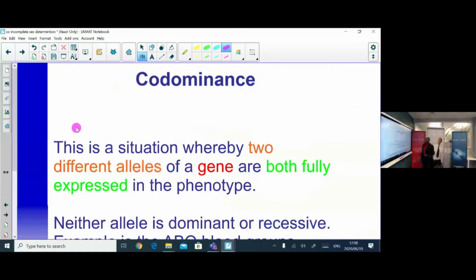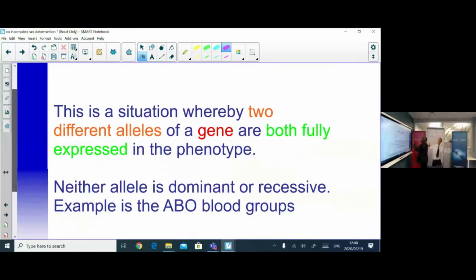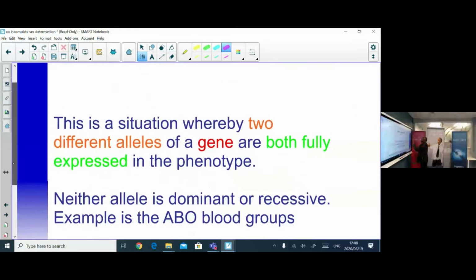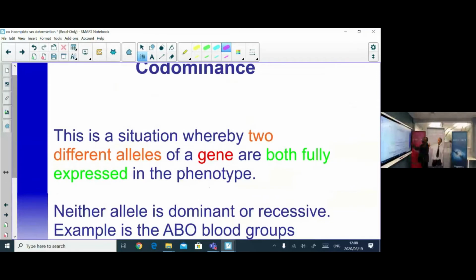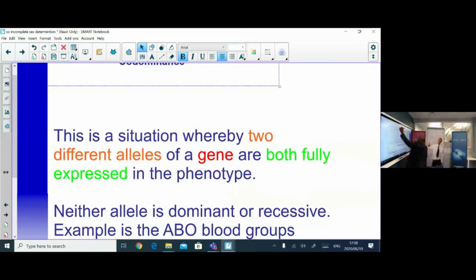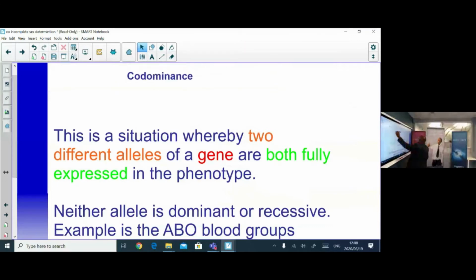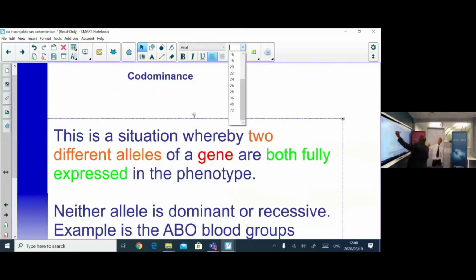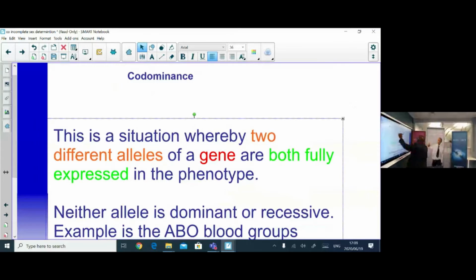Let's compare codominance and incomplete dominance.